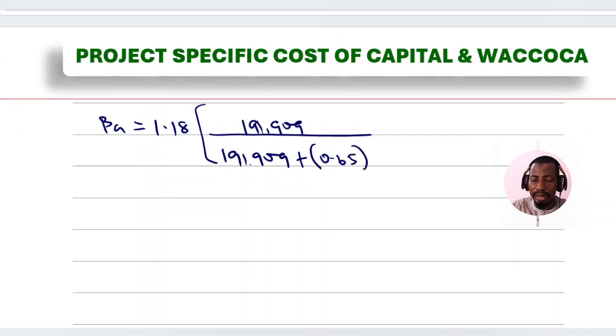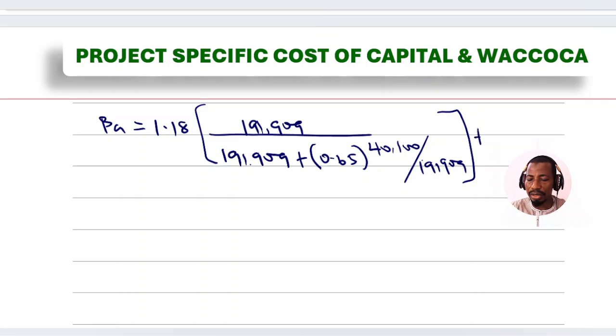Raised to power, debt value is 4100 multiplied by 4100 divided by 191,909. Okay, so this is for that, then plus, I hope the other side will be sufficient for us.